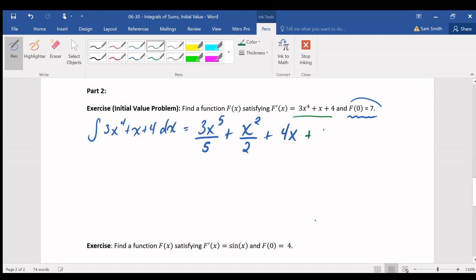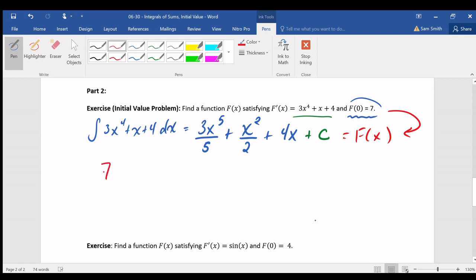Then, to give us the most general antiderivative, I will put plus c on the back. Now, my F of x function is going to have this format. So let us then plug in this information about F of 0 equals 7, and let's see what that determines about the value of c.